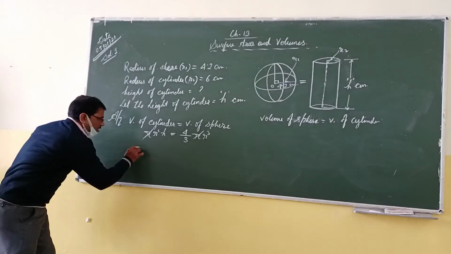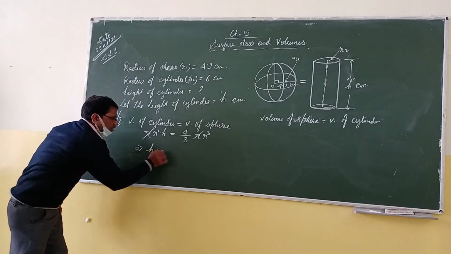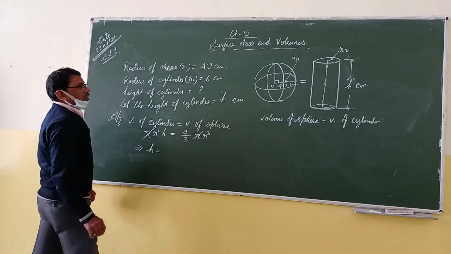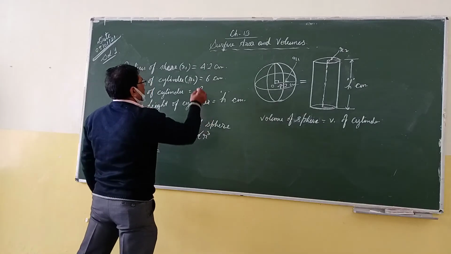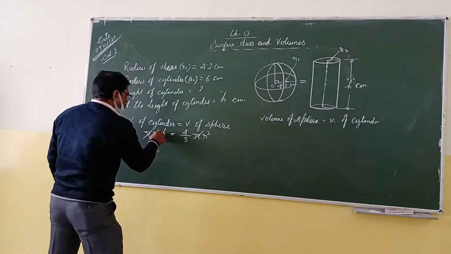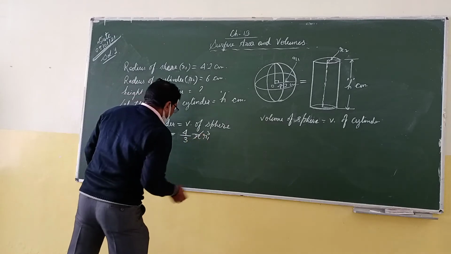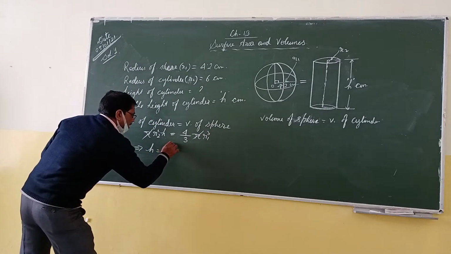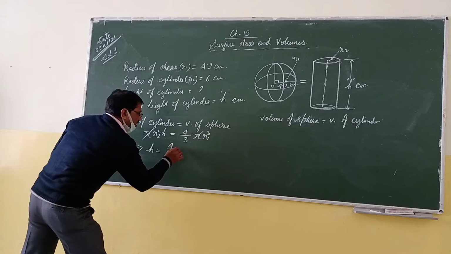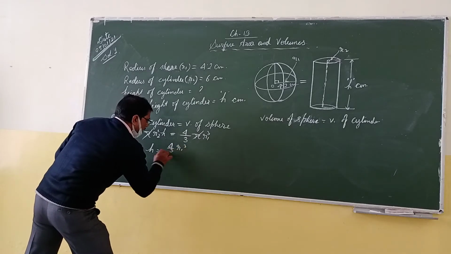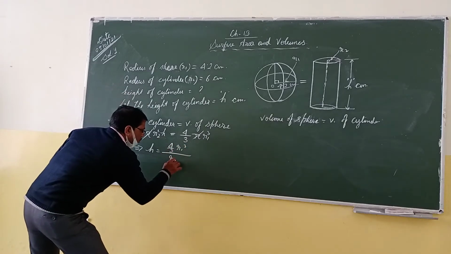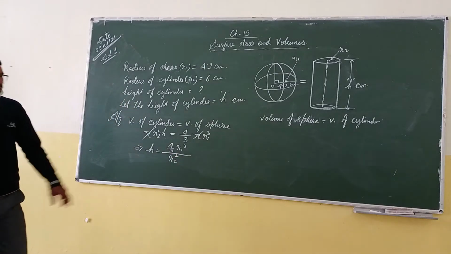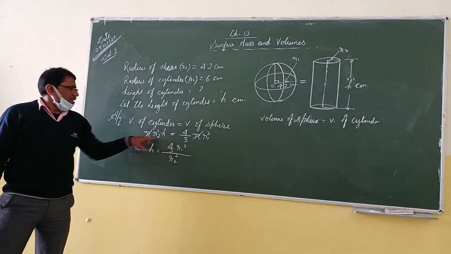So start with imply symbol. Now h is equal to 4 by 3. Actually both r are different. This will be r2 and this will be r1. So 4 by 3 is here, r1 cube is here, and by r2 square. Got it?